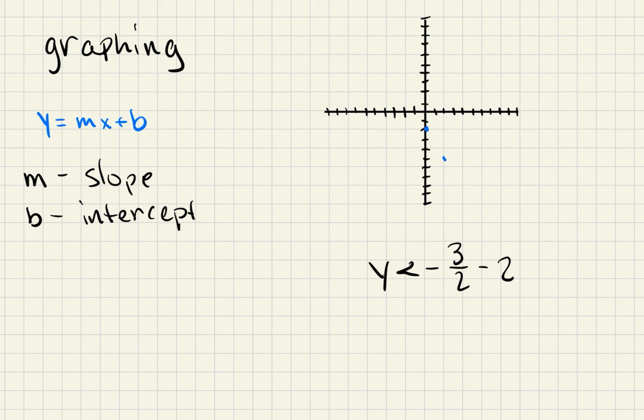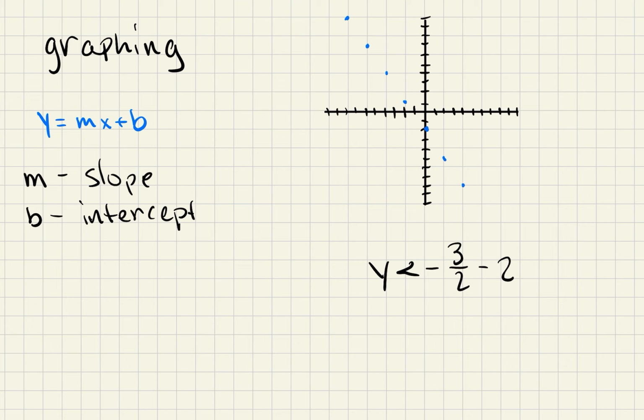So right here, and then the next one would be off the graph. And then we're going to go to the left, over 2, up 3. Right here. And there we go.